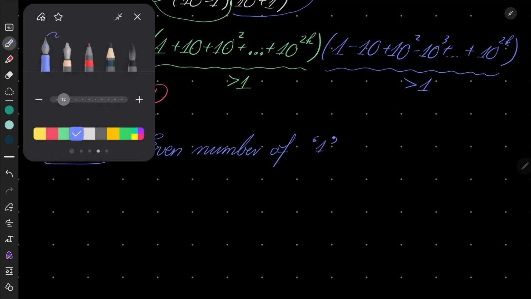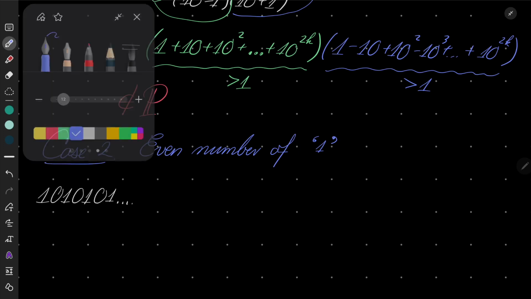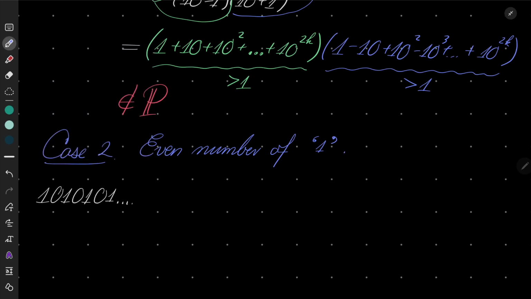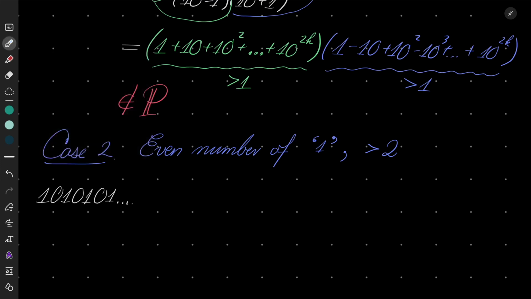What happens now? Well, let's take our number 1, 0, 1, 0, 1, 0, 1. And moreover, let this number of ones be greater than 2, because we know that 101 is a prime. So we are now considering cases of 4 digits 1, 6 digits 1, and so on.